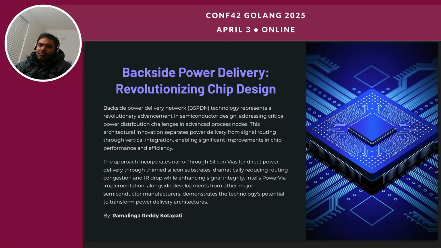So coming to the backside power delivery network, we'll call it BS-PDN. It's a technology currently being adopted in technologies below 2 nanometer. It's revolutionary because earlier we used to have the whole power delivery on the front side of the design along with the signals.